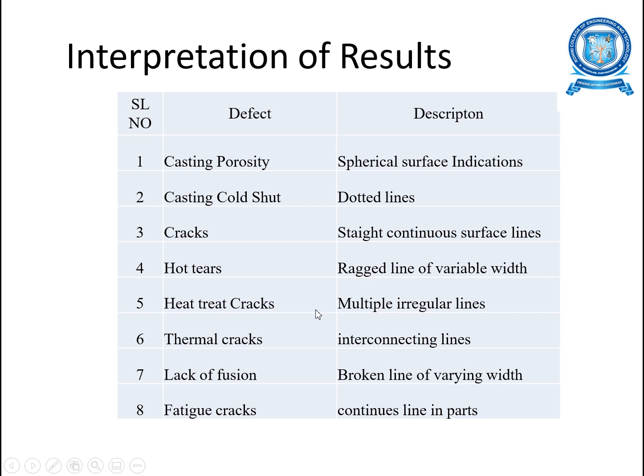The defect heat treat cracks will have multiple irregular lines. The thermal cracks will have interconnecting lines. Lack of fusion will have a broken line of varying width. The fatigue cracks will have a continuous line in parts.